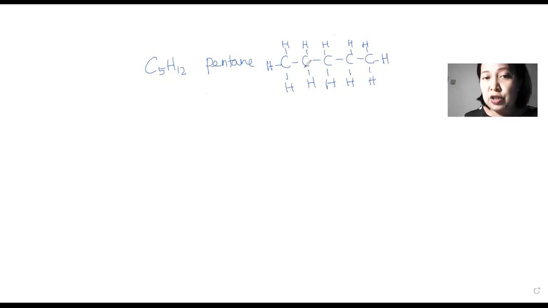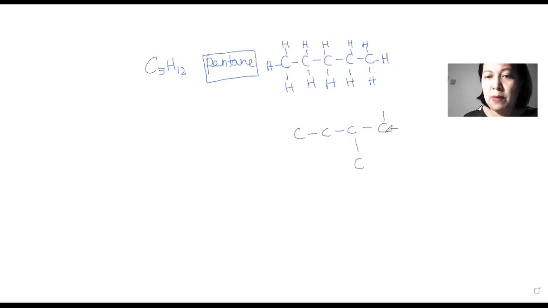Now, the structure that has the molecular formula of C5H12 is not only pentane. We also have another structure for the one that has C5H12. For example, the one that has a carbon as a branch.